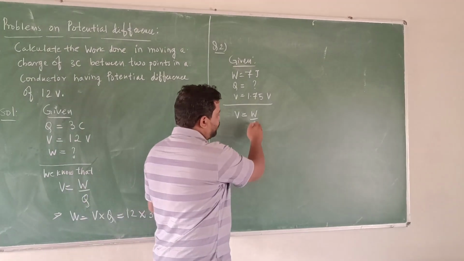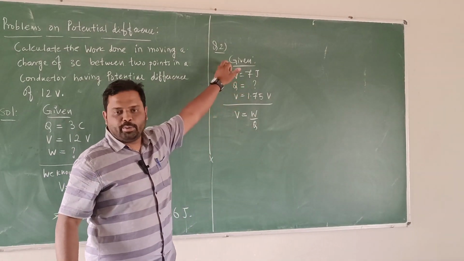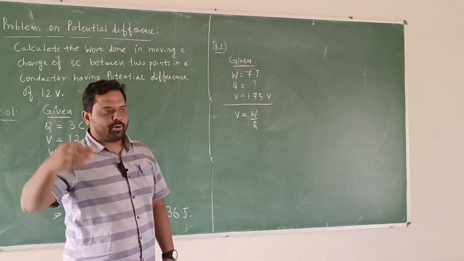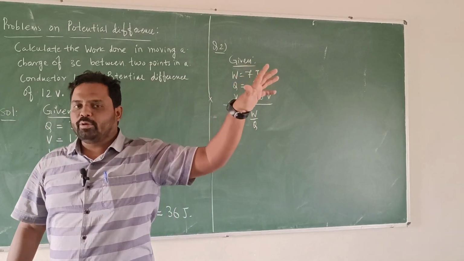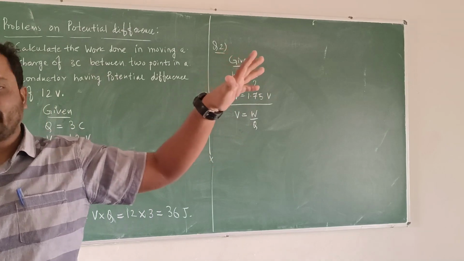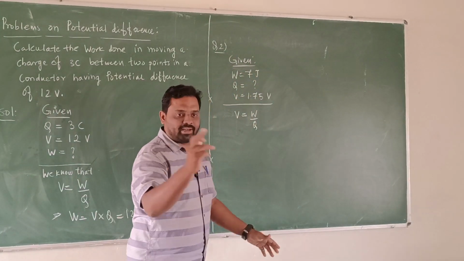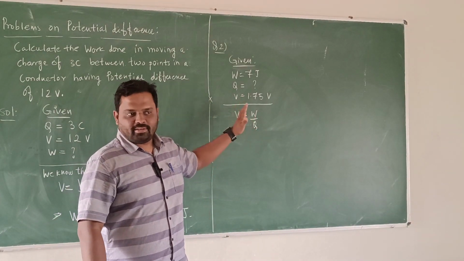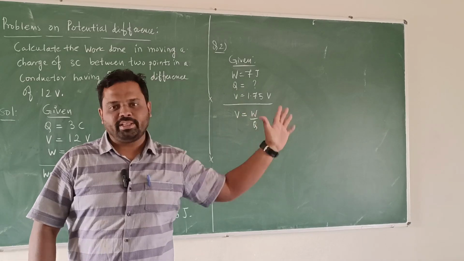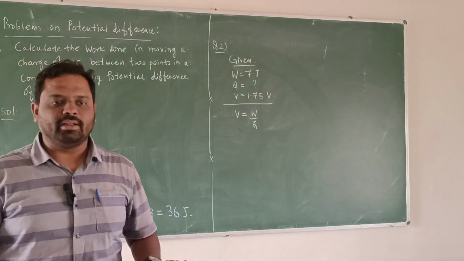So V is equal to W by Q. You know that the unknown quantity is only Q. W is given, V is given. I don't know why some of you have multiplied 7 into 1.75 directly without even seeing. That's why I say, first write the relevant formula, bring it to a point where unknown things are on one side and known things are on the other side, then you will be able to identify properly.